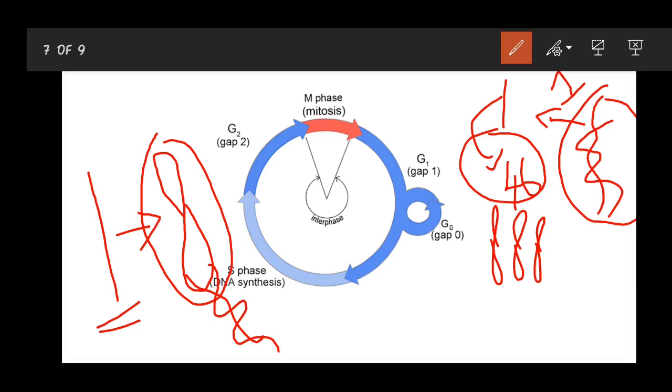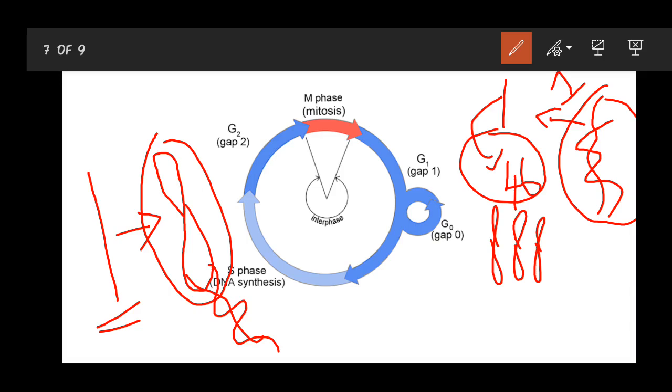If chromatids are formed from the chromosomes of a human cell during the G1 phase, the number of chromatids is 46.